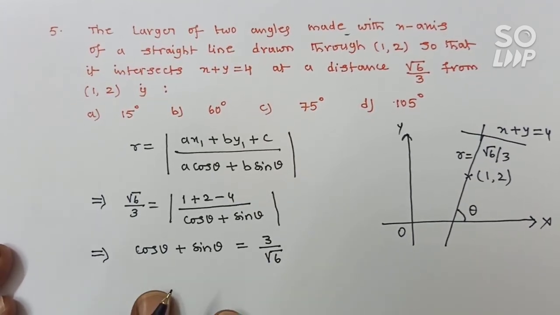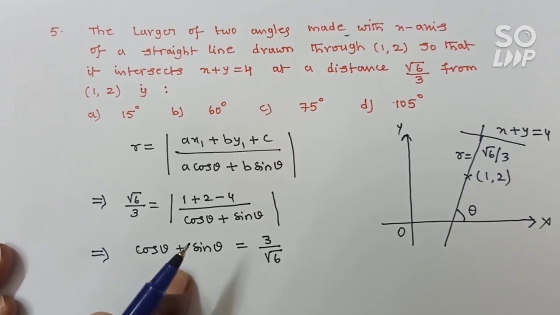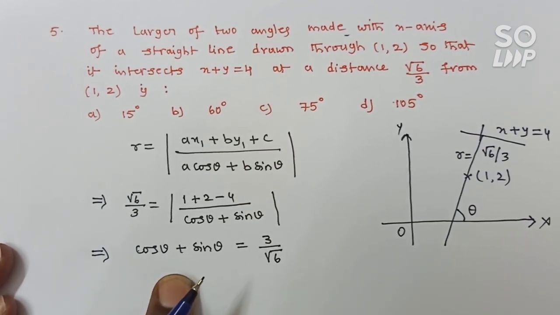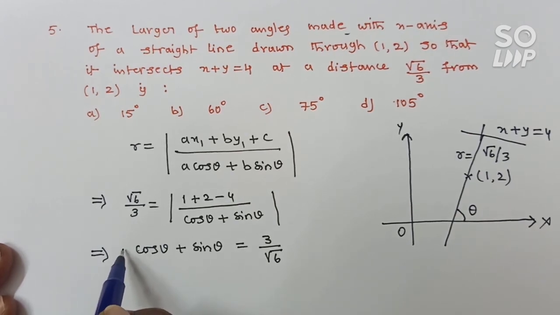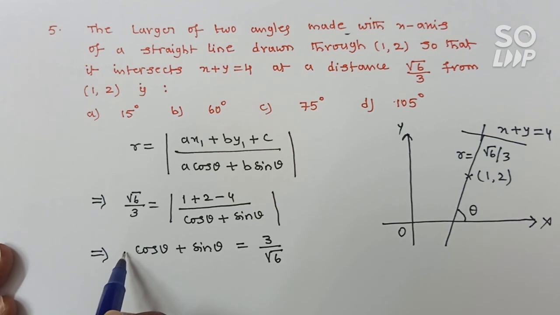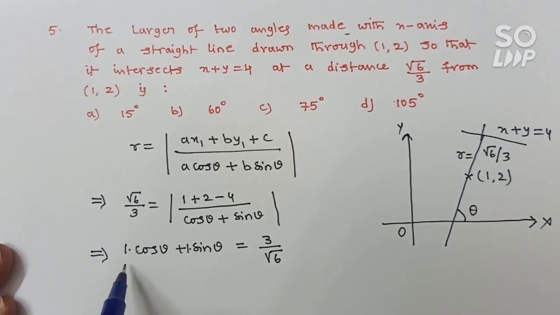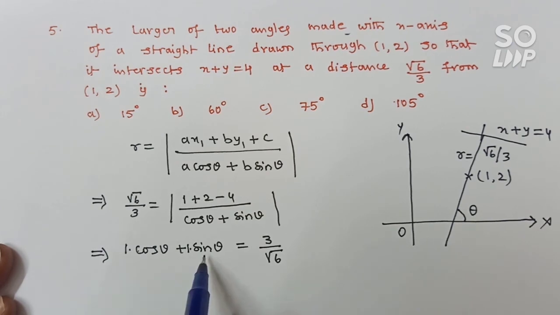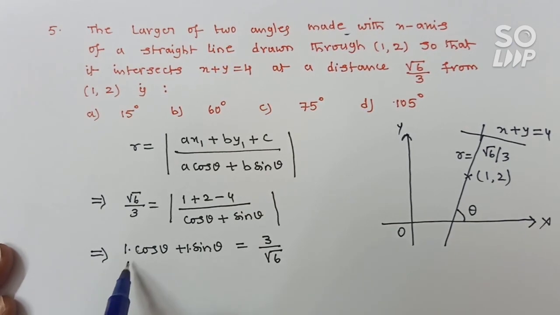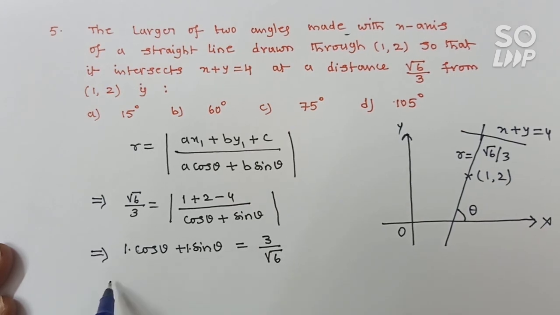We already know how to solve this type of trigonometric equation. In the expression a cos theta plus b sin theta, you divide on both sides by root of a square plus b square.